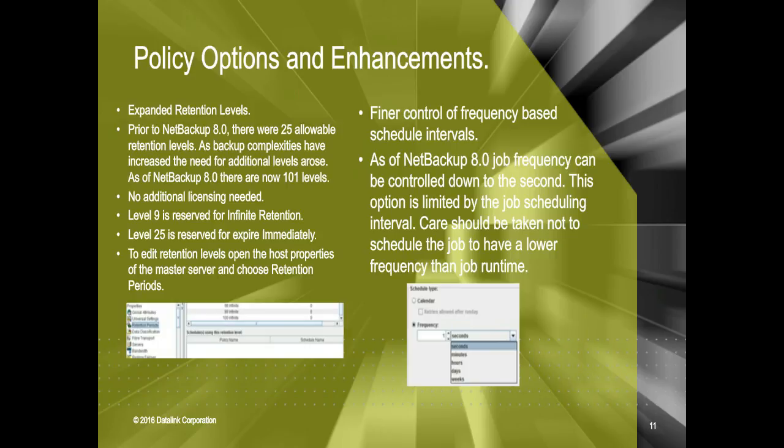There are some caveats with this, and you should be careful on how you set this up. You do not want the policy, obviously, to kick off and run, let's say, every 5 minutes. If the job takes 15 to run, it's going to be kicking off another job or attempting to kick off another job before the previous run has completed. So you'll want to plan that out, but there is that increased control there, which may benefit a lot of users.